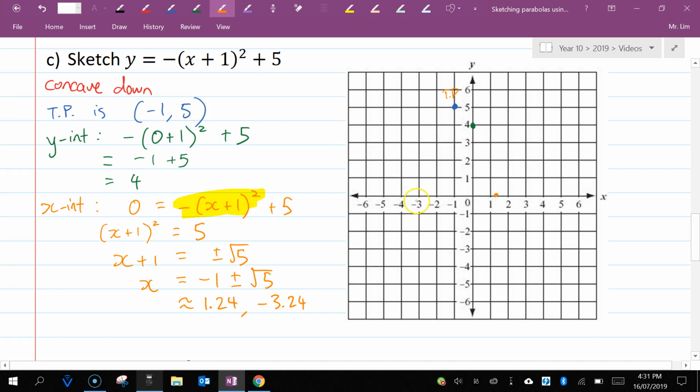and here, roughly. Okay, here's my y-intercept, and from the turning point we went 1 to the right and then down to 4. So from the turning point, 1 left, down to 4. I'm going to put my other point there, and now we can draw our parabola.